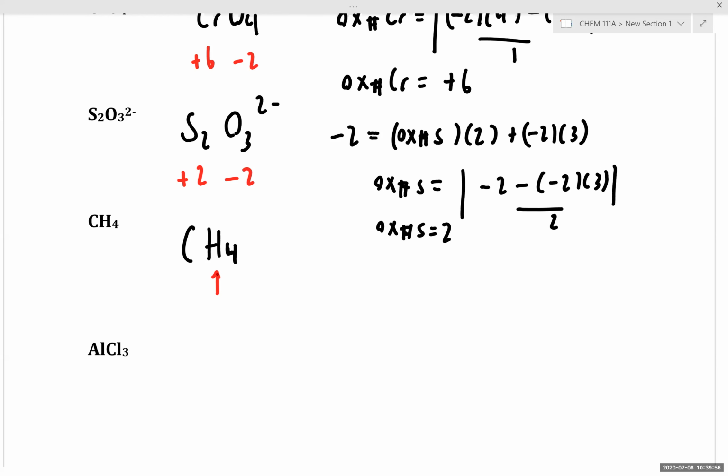To rephrase, what's more electronegative, carbon or hydrogen? Which atom is farthest to the right and closest to fluorine on the periodic table?